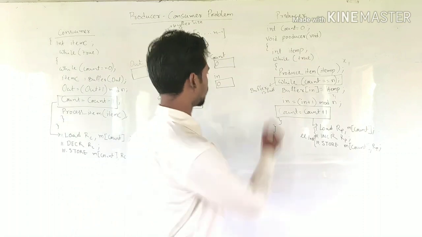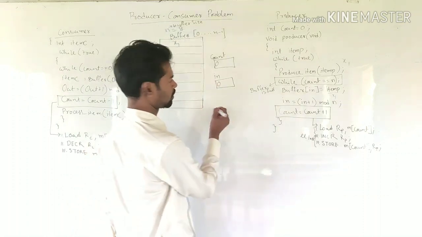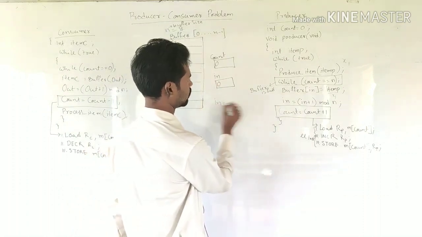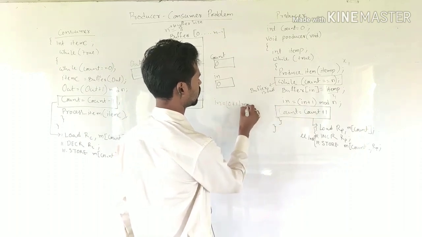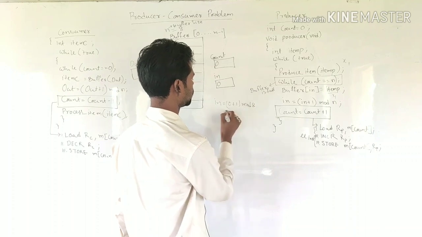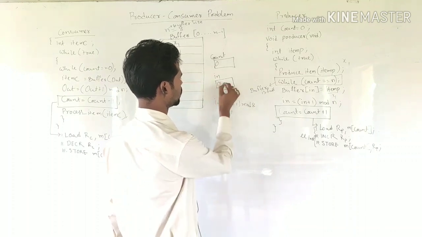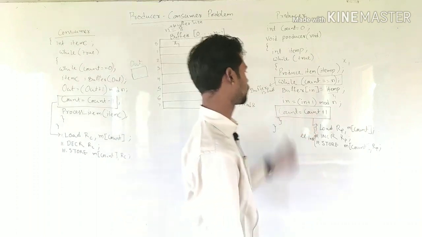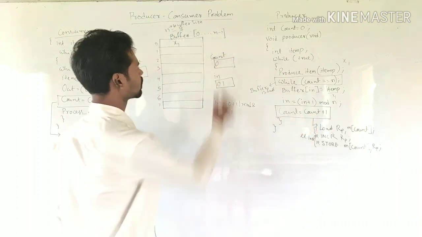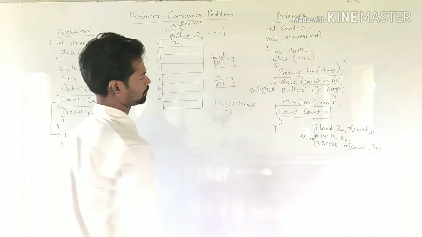So after the insertion of x1, in is equal to 0 plus 1 mod 8, so that is 1. Now in variable is changed to 1. Next statement, count is equal to count plus 1, that is 1.